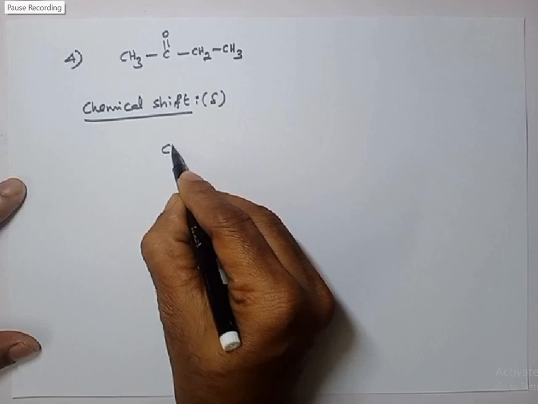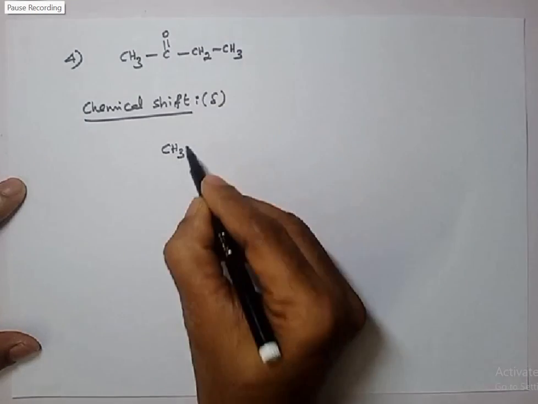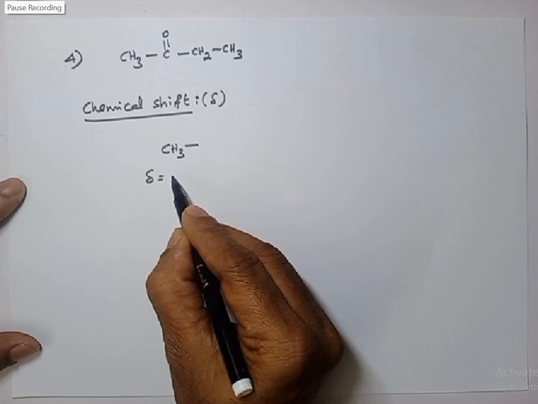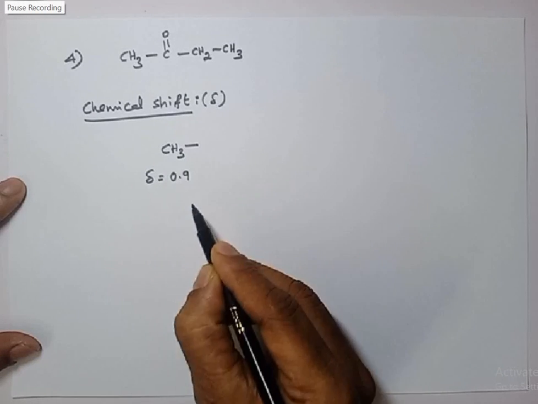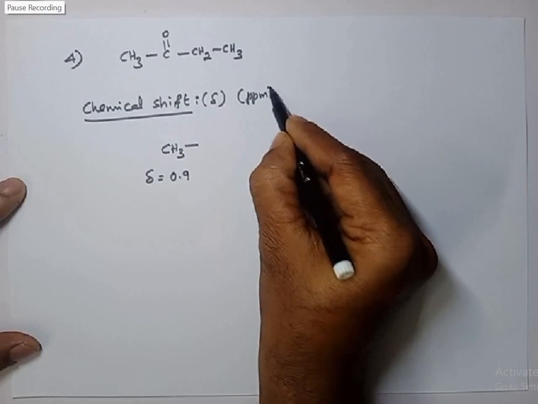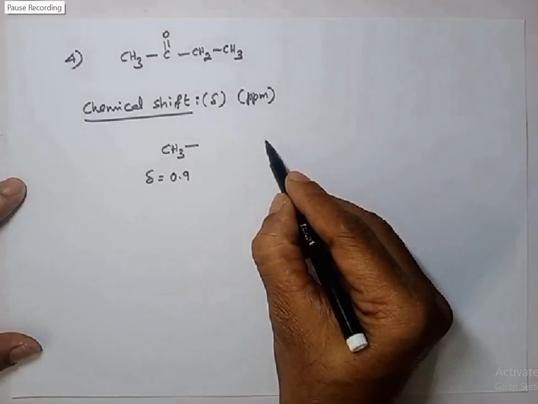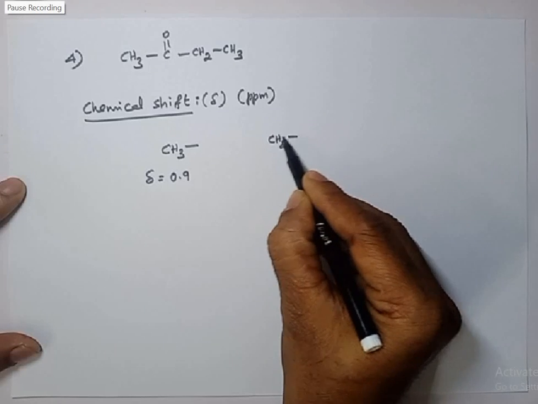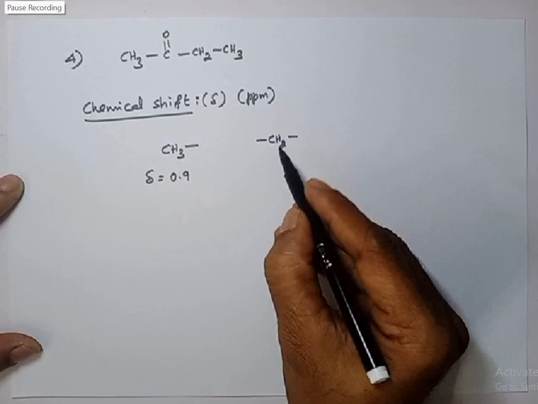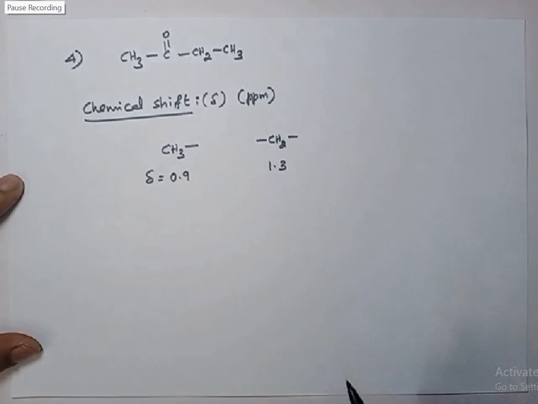Listen. Methyl protons, observe carefully. The usual chemical shift is 0.9 ppm. All the values are in ppm, let me write here. Whereas methylene protons, CH2 protons, the usual chemical shift is 1.3 ppm.